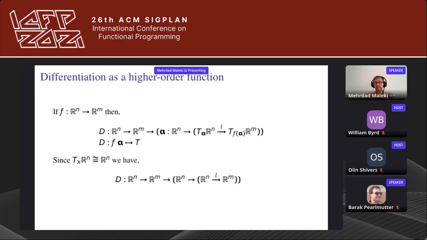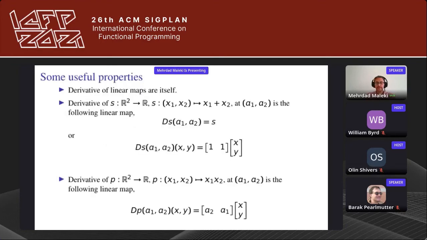We can simplify this because the tangent space of Euclidean space is isomorphic to itself, so the derivative operation takes a function from R^n to R^m, and at a point in R^n, it gives us a linear function from R^n to R^m. If we apply this definition to a simple function, for example a linear function, the derivative of a linear function is the linear function itself.